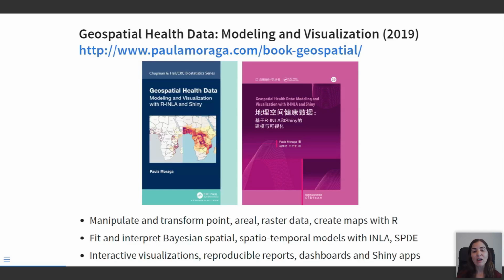It covers how to manipulate and transform spatial data and how to create maps using R. It also shows how to fit and interpret Bayesian spatial and spatiotemporal models using INLA and SPDE, and how to create interactive visualizations, reproducible reports, dashboards, and Shiny web applications that facilitate communication with collaborators and policymakers.